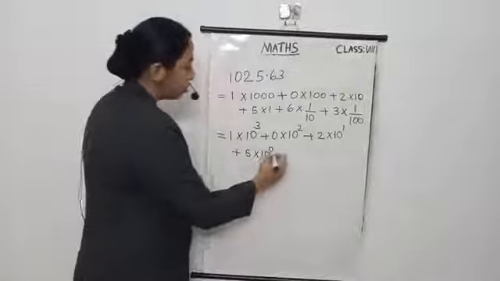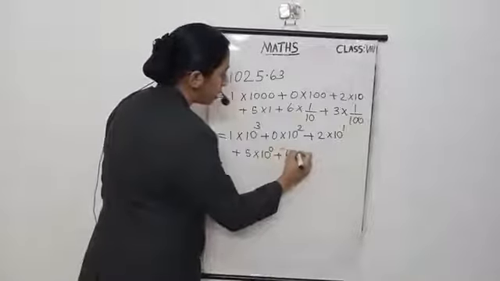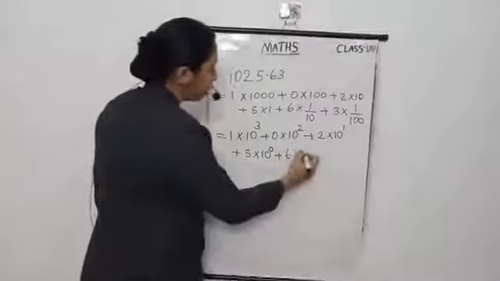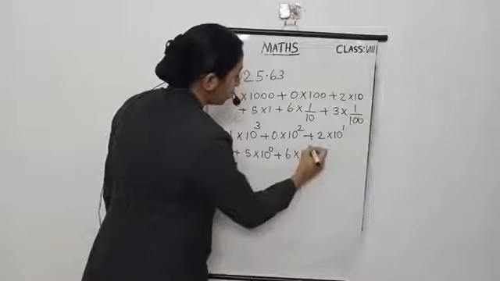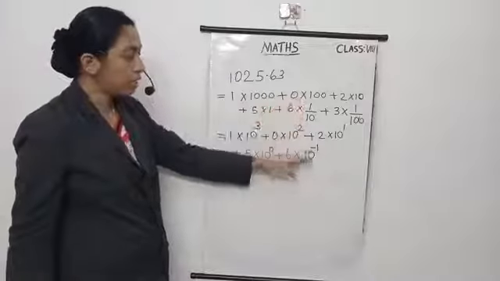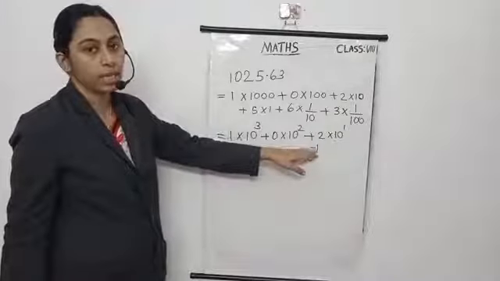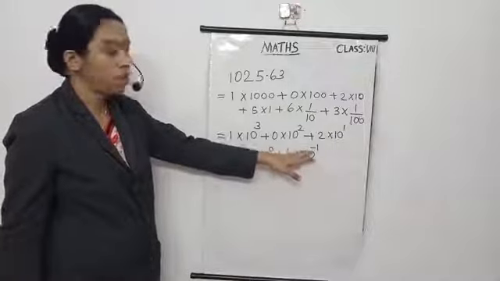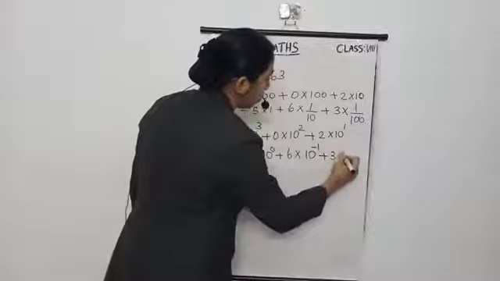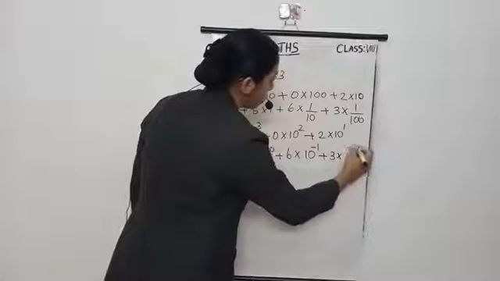So 5 into 10 raised to 0, plus 6 into 1 by 10. 1 by 10, I already told, is 10 raised to minus 1. So 1 by 10, its power is negative 1, 10 raised to minus 1, plus 3 into 10 raised to minus 2.